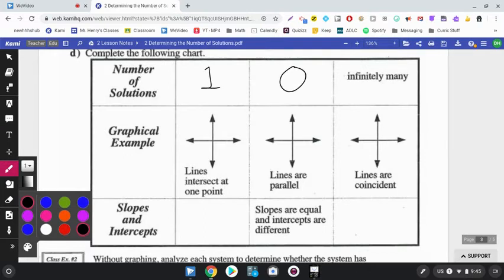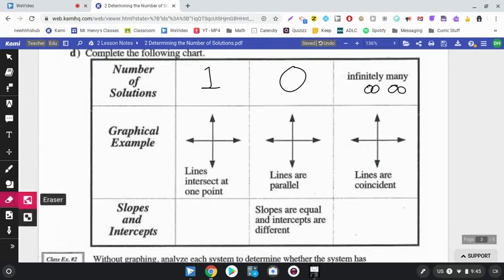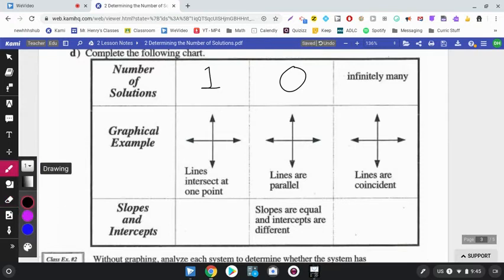I could have 0 solutions, or I could have infinitely many. So infinity, just a sideways 8. Maybe you could do it all swoopy instead of just the 2 dots or 2 circles. Up to you. Oh, that's a bad one. Try that again. There's my infinity.